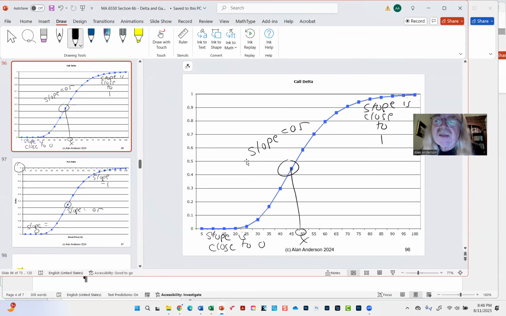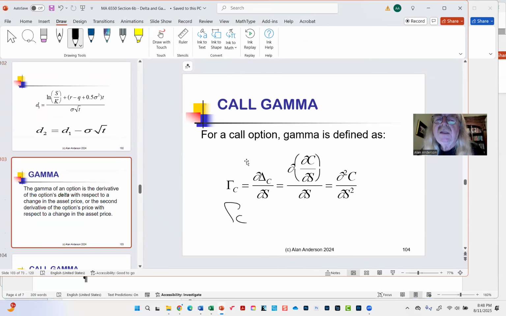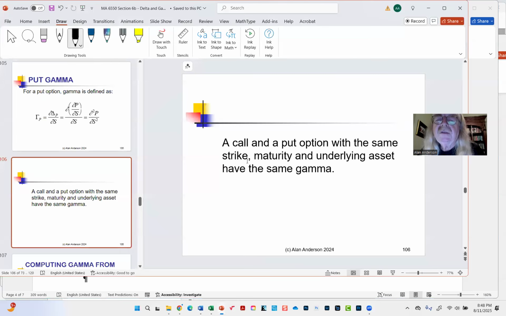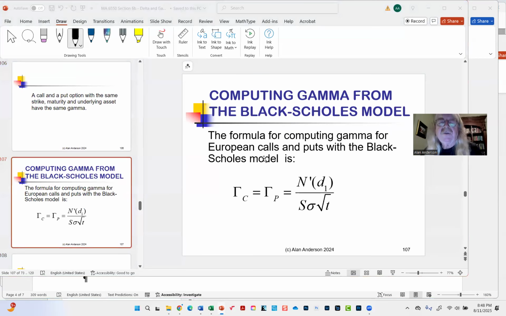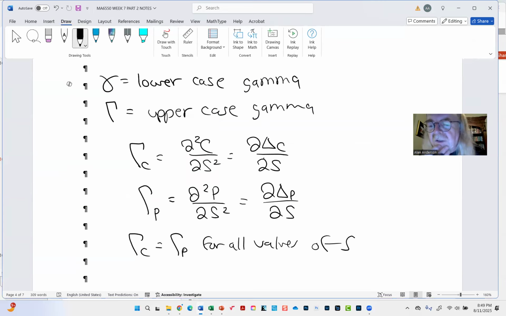But since they have the same shape, slopes are the same, aren't they? And so it turns out that these two are identical to each other. Because of the way they're defined, they're both going to always be the same. So we don't need to make a distinction between the gamma of a call and a put.